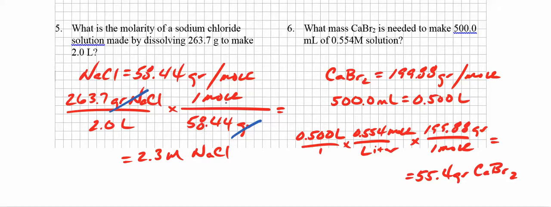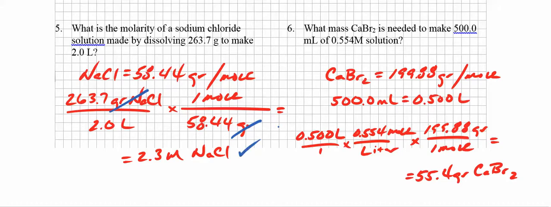So I've got moles per liter, moles on top, liters on bottom. I'll do the calculation: 263.7 divided by 2.0 divided by 58.44, and when I do that calculation I get 2.3 moles per liter. Another way to write that is with a capital M, so that means molarity of sodium chloride, and I'm done with number 5.